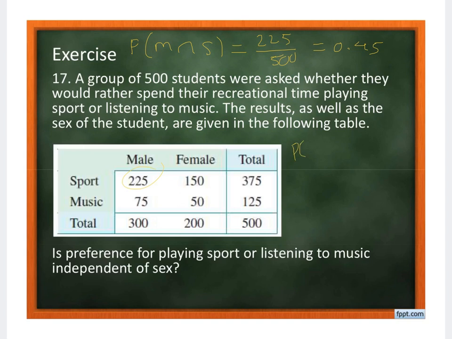Probability of male is 300 over 500. Probability of sport is 375 over 500.